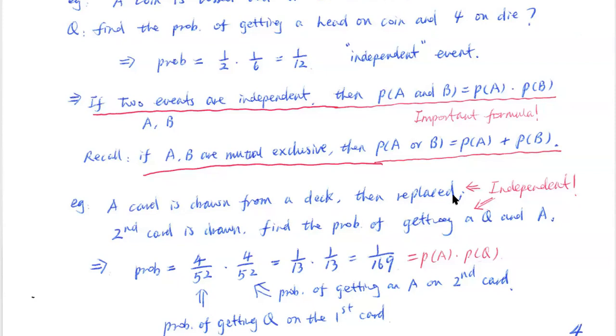And then the second card is drawn. We want to find out the probability of getting Q on the first card, and then the probability of getting A on the second card. Everybody, that's the question here, right?